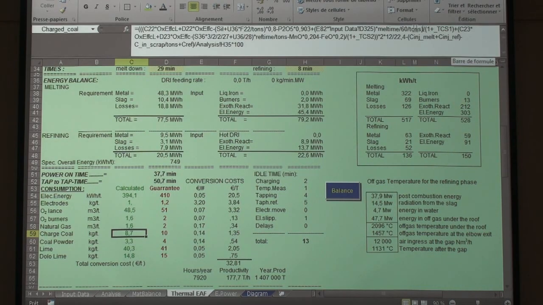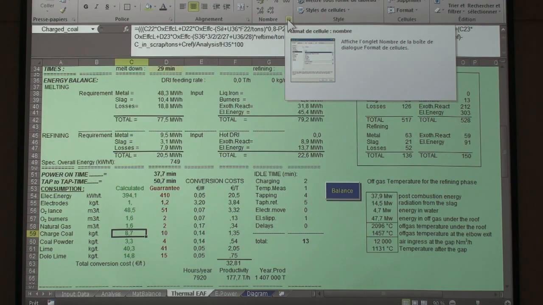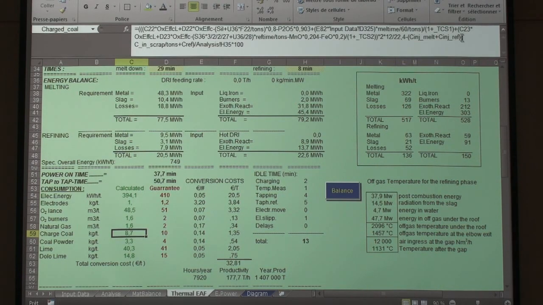So this was the part of the equation from the melting. What is important to understand is that I have the oxygen from the lances, the oxygen from the air, minus the silicon which will be oxidized during melting, and the phosphorus which will be oxidized during melting as well. Right? Then comes the refining.